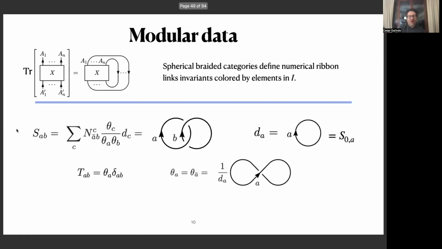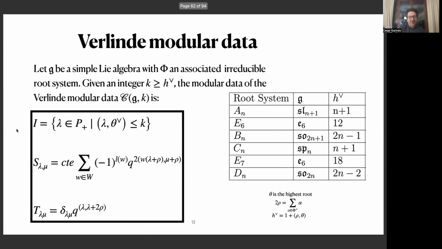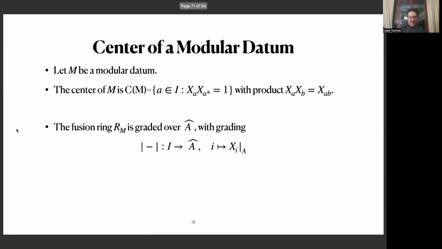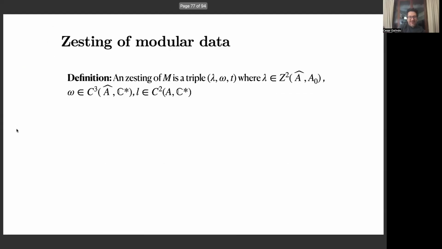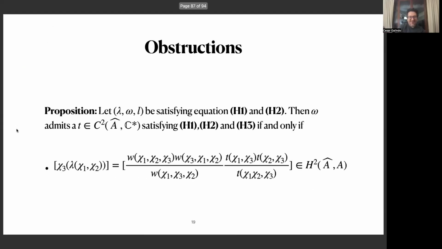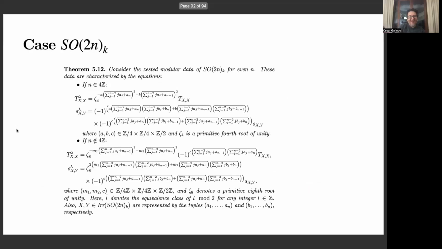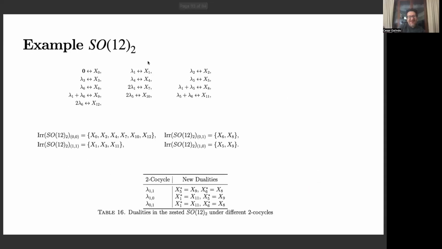Yes, but at least for these examples, SO(N) level 2, they don't have integral dimension, but at least the dimension of the objects squared is an integer. So the whole dimension of the category is an integer. Weakly integral. Yes, that's the word. It's weakly integral, but it's not integral. You're right.